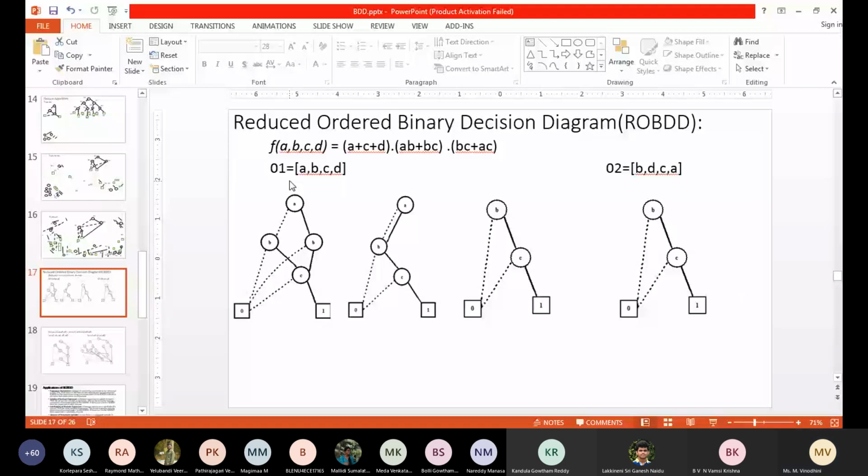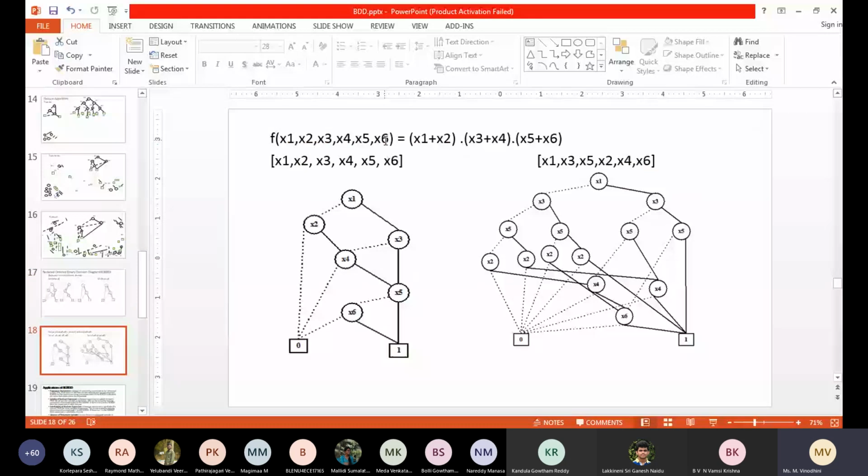Both are the same. But the same scenario I could not come across with another function, because in the other function the variables are more, and when I took a normal sequence I got my reduced BDD, but when I took a random way I didn't get the reduced BDD.